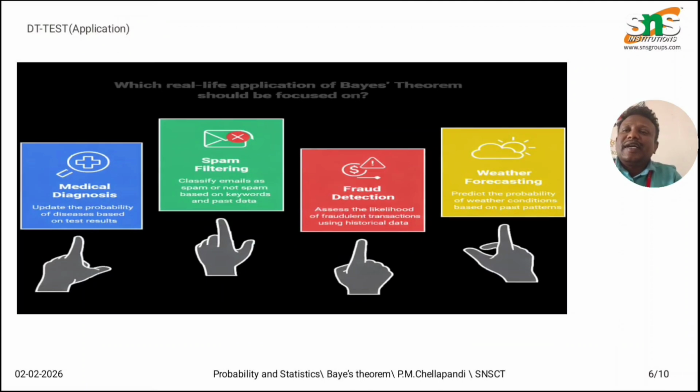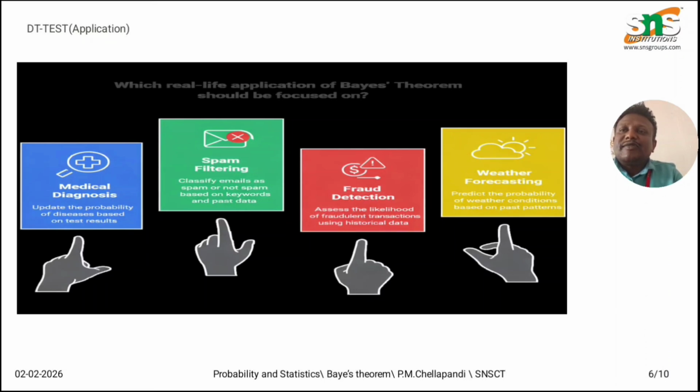Here we have a numerical example, which will help us understand Bayes theorem even better, right? For example, suppose 1% of people have a disease, so P of D is equal to 0.01.